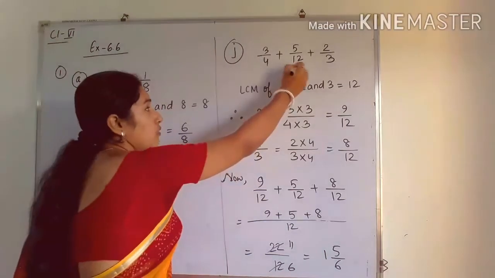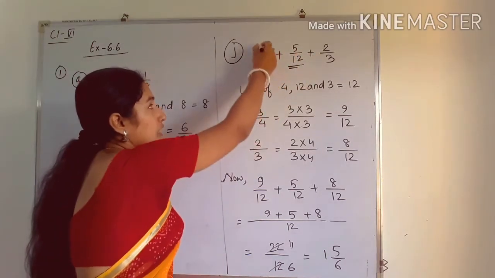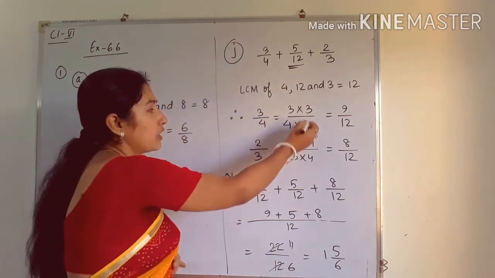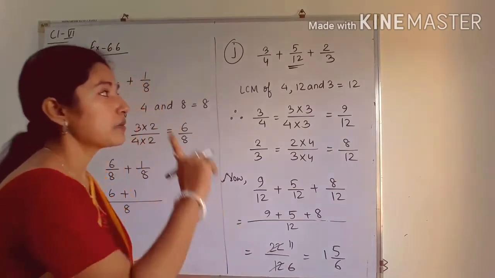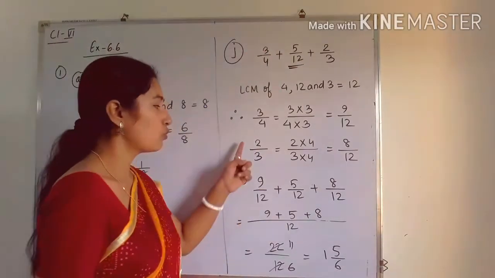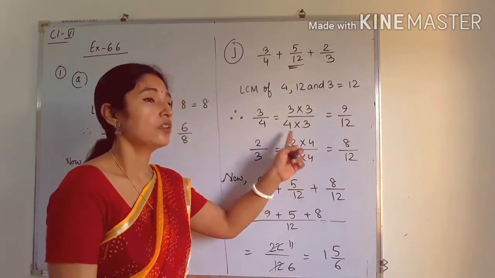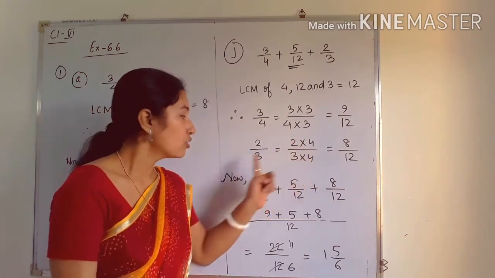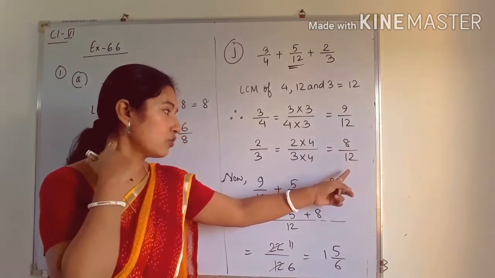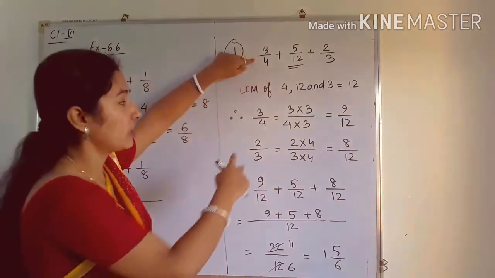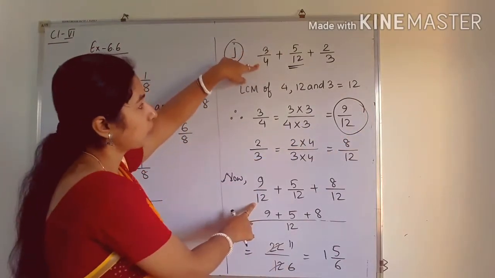Next you have to convert the denominator of each fraction to 12. This one is already 12, no need to convert it. In this fraction we will multiply the numerator and denominator by 3, so that the denominator becomes 12. Similarly, in the last fraction, 2 by 3, we multiply the numerator and denominator by 4, so that our denominator becomes 12. So in place of 3 by 4 we write 9 by 12.